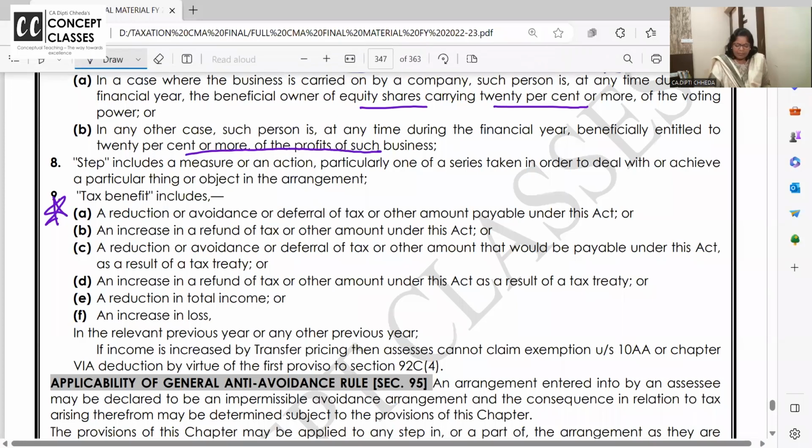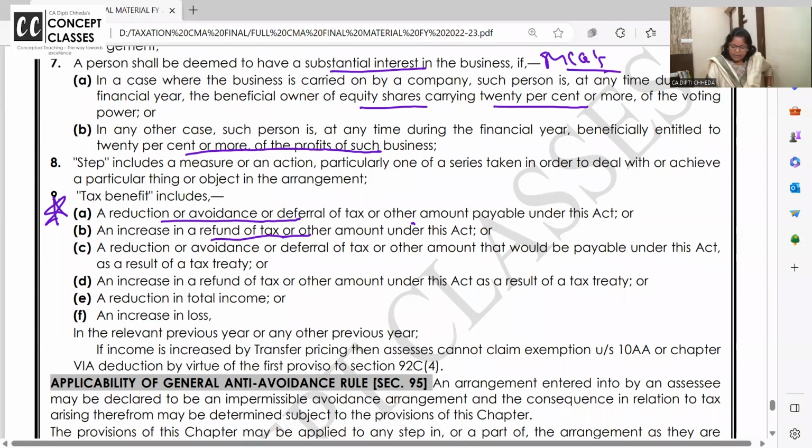Tax benefit means reduction or avoidance or deferral of tax, increase in a refund, simply reduce the tax directly. Increase in a refund of tax, or reduction or avoidance or deferral of tax or other amount that would be payable under this Act as a result of a tax treaty.